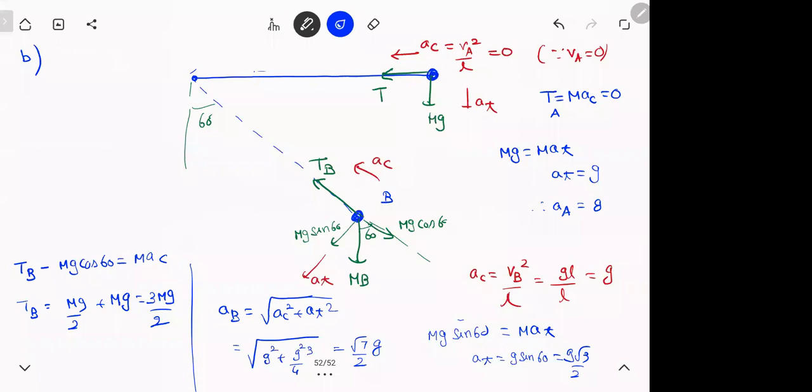Clear? Next page. You still have to find it at C. So at the lowest position, what will happen?